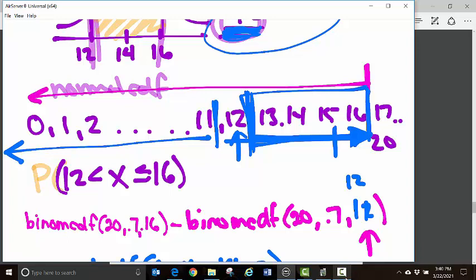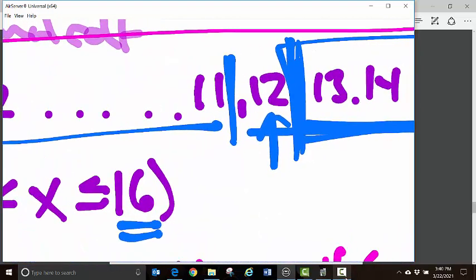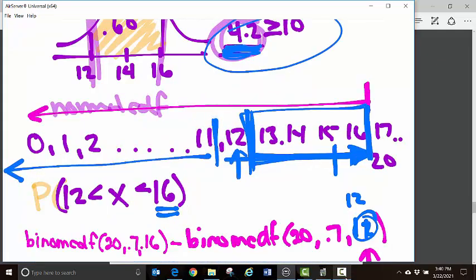So if it's saying greater than 12, subtract the 12 out. If it says greater than or equal to 12, you will need to keep it. Upper one, if it says less than or equal to 16, you want to put 16. If it just said less than 16, then you wouldn't want the 16, so you would put in 15. So that's why I always draw it, because otherwise I'd mess it up. Because if you were to put 17 right here, it would include the 17.